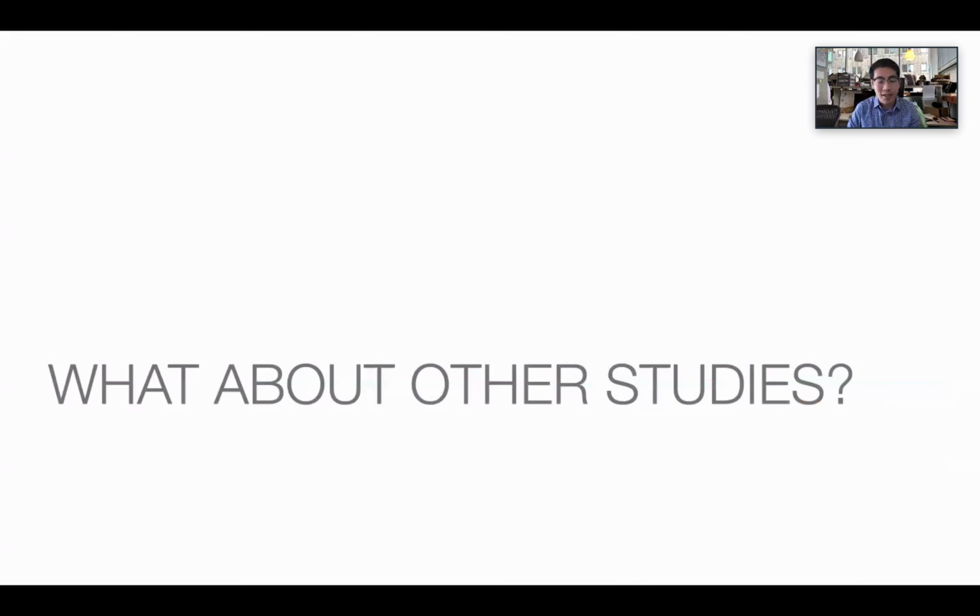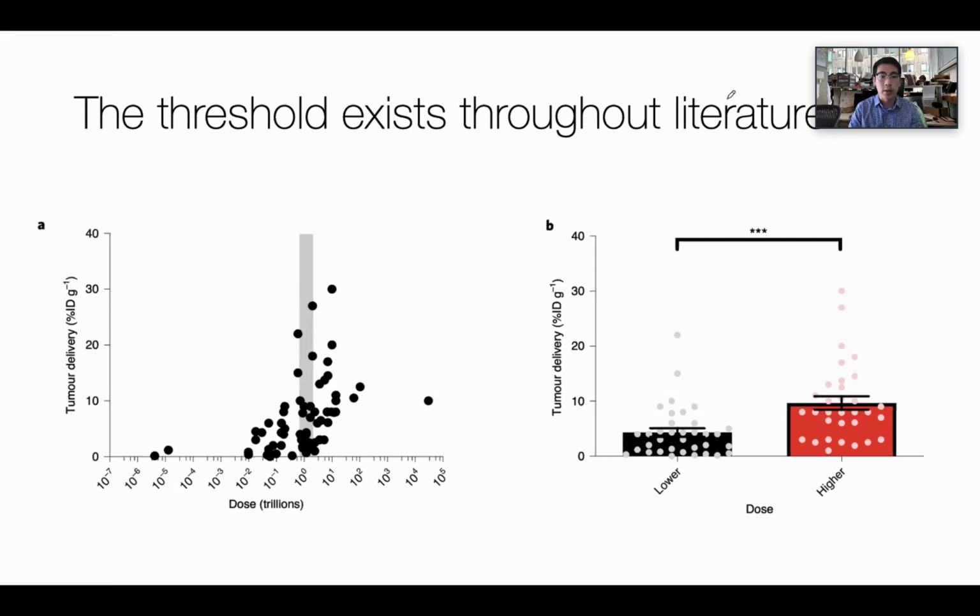There were 117 papers associated with that meta-analysis that represented the field for 10 years. And what we did was we went back and we recalculated every single dose that was reported in those papers, and we turned it into the numbers of nanoparticles. And what we saw was that indeed this threshold and this dosing exists throughout the literature.